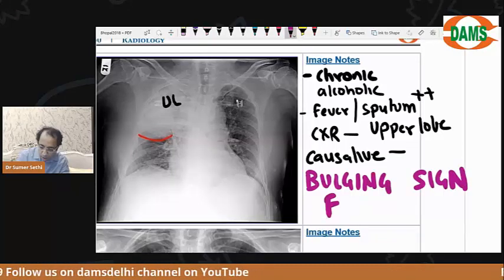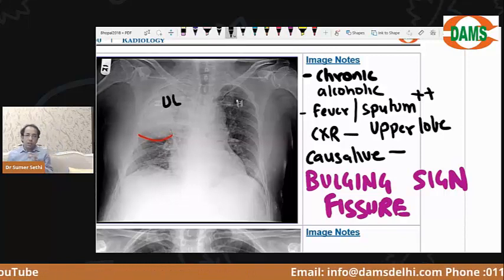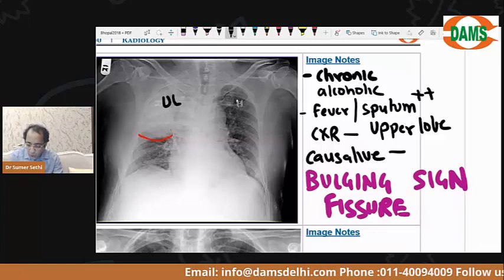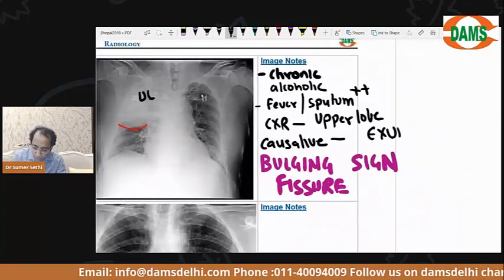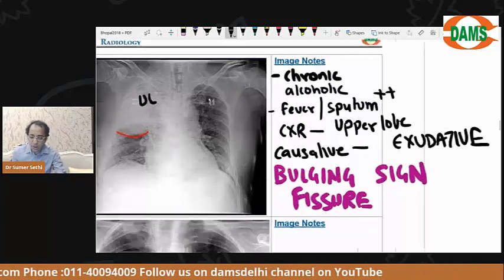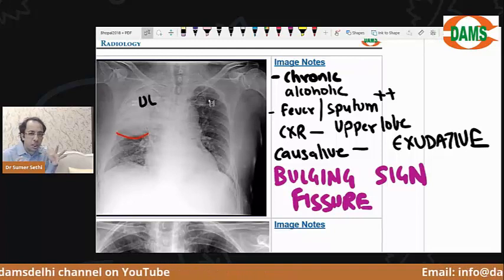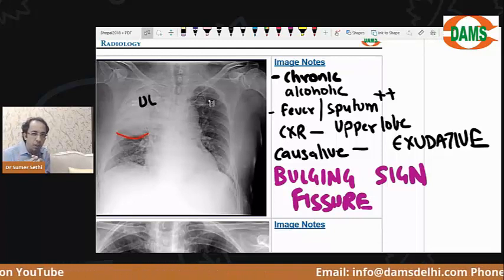This tells me that whatever infection this alcoholic has developed must be very exudative. Listen to me, I'm explaining. Whatever infection has happened, it has caused the upper lobe to become inflamed.